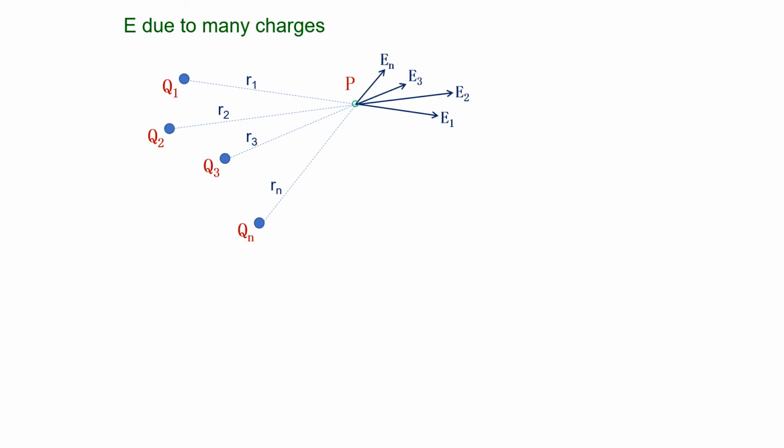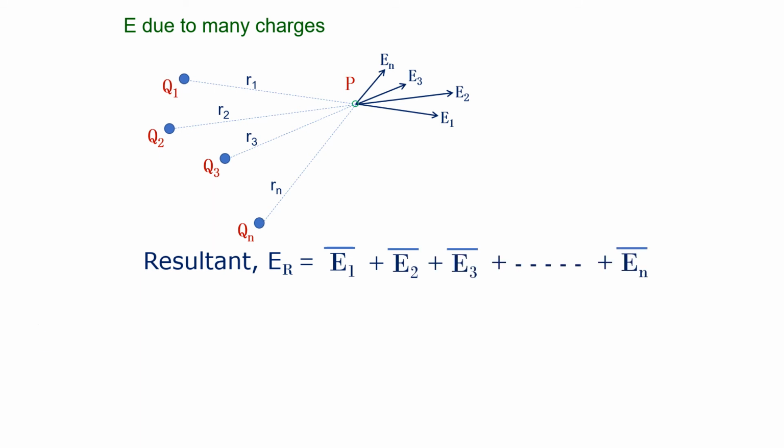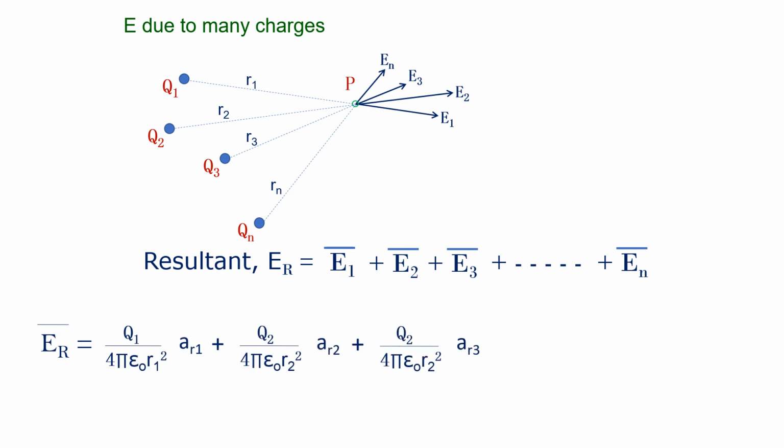Likewise, En will be away from Qn because we are considering all positive charges. The resultant Er will be the vectorial sum of E1, E2, E3 and so on up to En. By writing the expressions for E1, E2, E3 and so on up to En, you get the expression for Er.